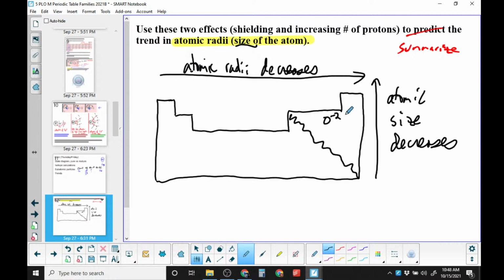Would you expect that to get bigger or smaller than its neutral state? Smaller. Why would you expect it to get smaller? Oh, well, I need the reason. That's not a reason, that's just guessing. Question, Keith?